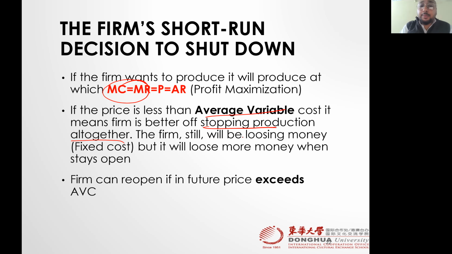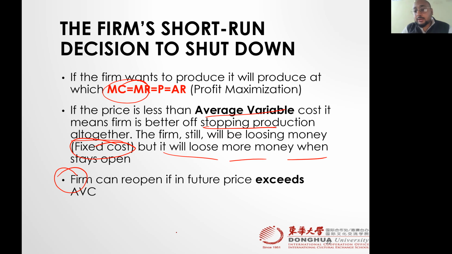We would still be paying fixed costs like rent and the fixed salaries of employees, not the wages. But if the firm is open, they lose more money by staying open, because price is even less than the variable cost.